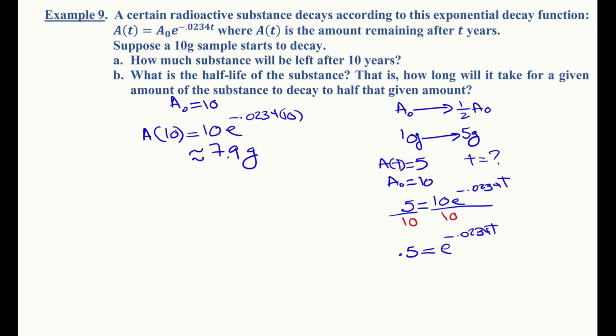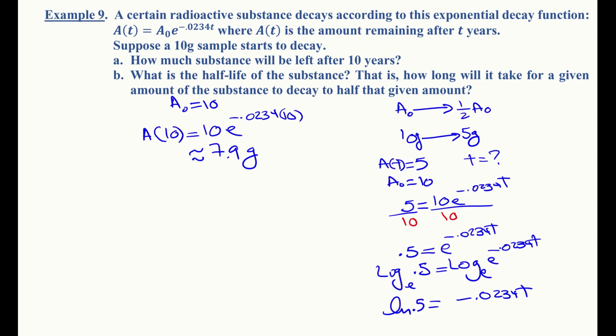So notice, again, a simple exponential equation, and the best thing to do to both sides is to take the log base e. Of course, the right side becomes just negative 0.0234 t. The left side, that's just ln of 0.5.